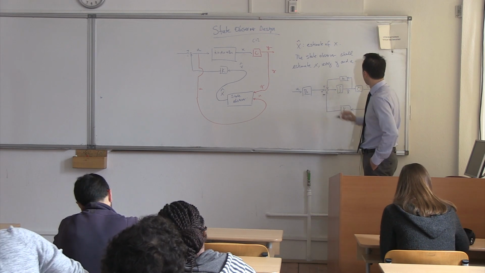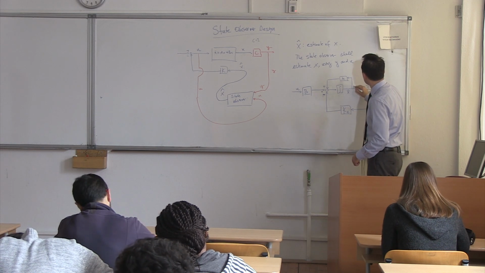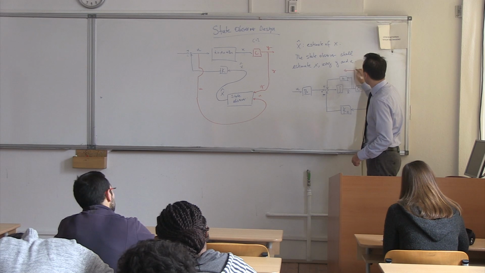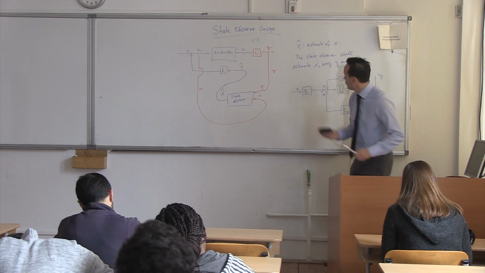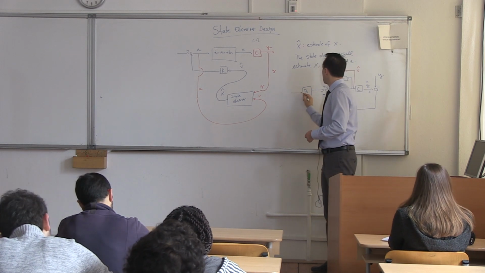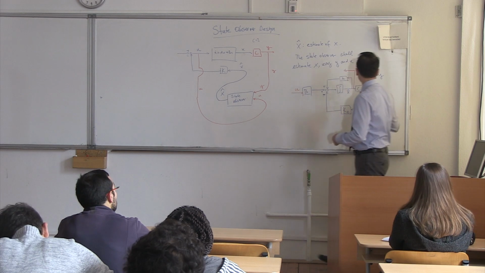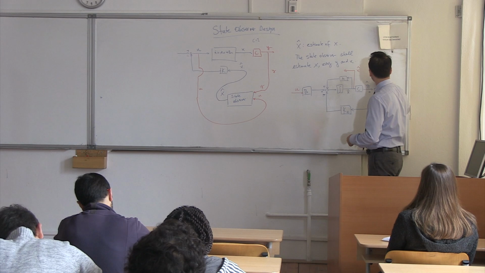Subtract it here. And the output of this would be that. That would be X hat. So the input here is U. To this red, input is U. And another input here is Y.